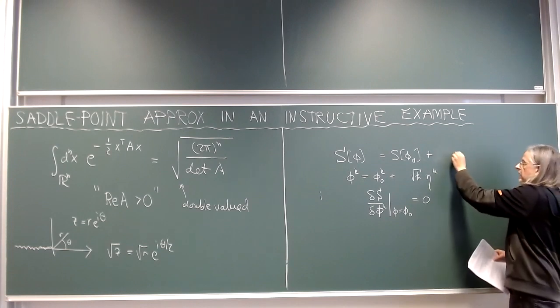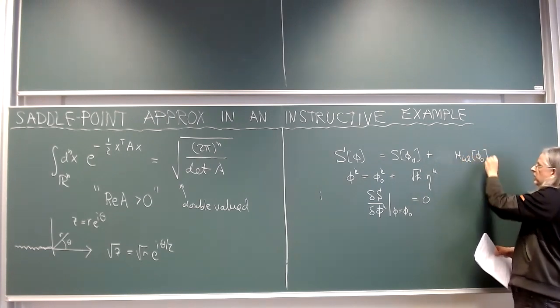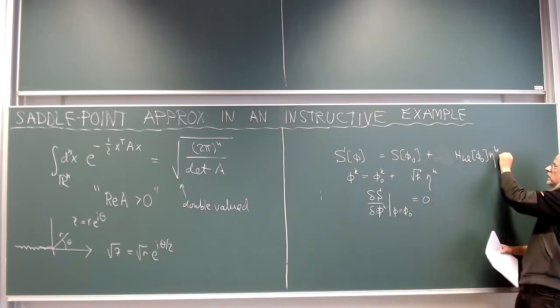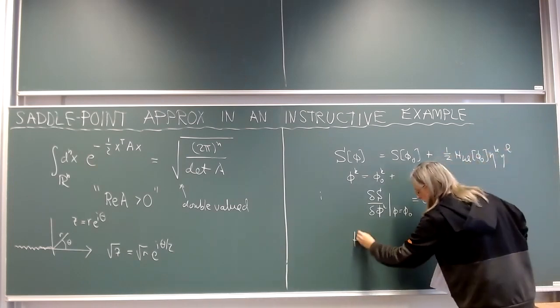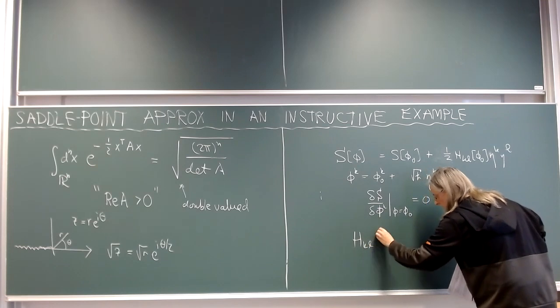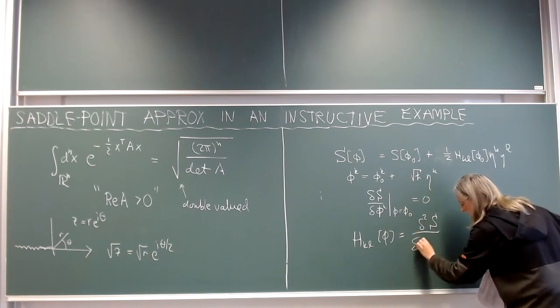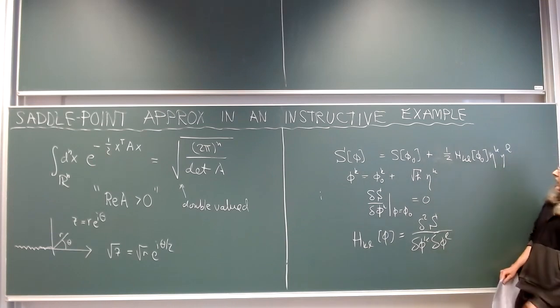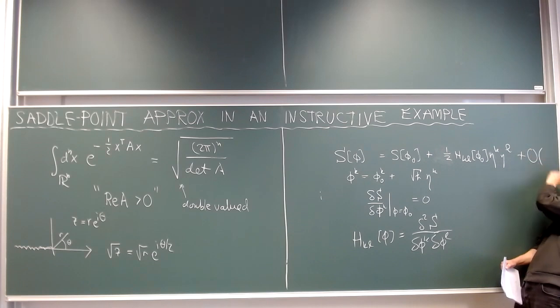So there will be H_kl^0 eta_k eta_l, and then maybe a half, where I have introduced H_kl of phi should be equal to d squared S over d phi_k d phi_l, something like this. And then there will be higher order, third order in eta.